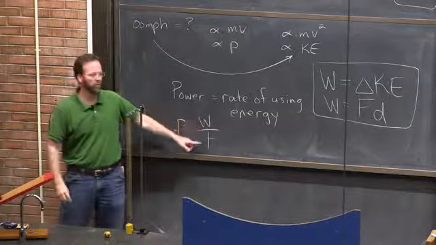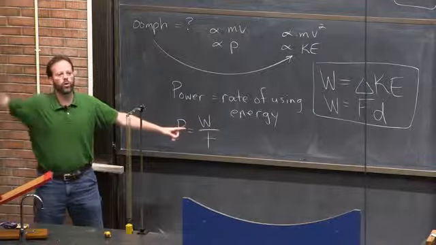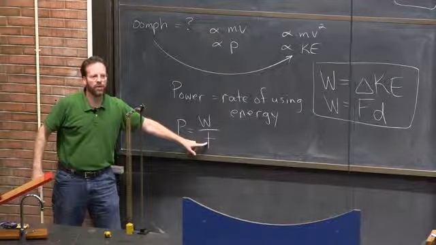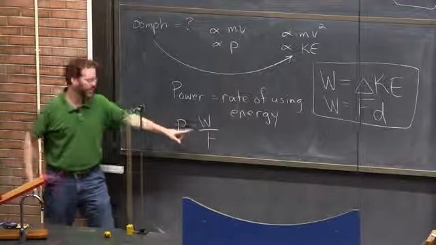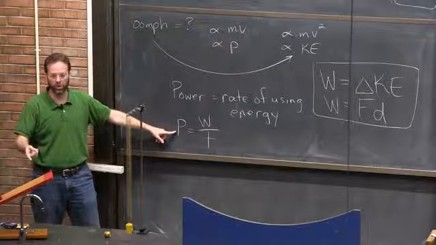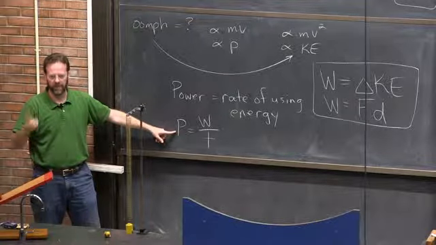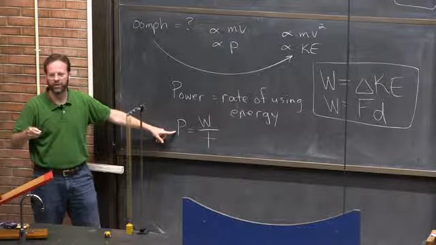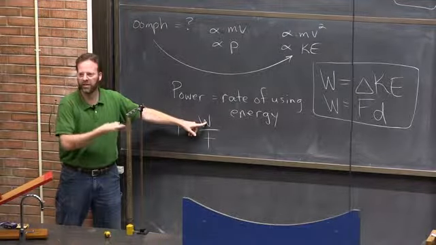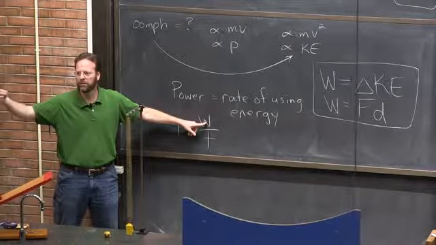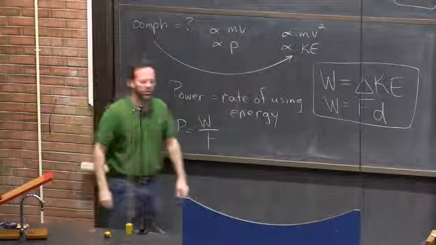So if I get up there quicker, there's less time. The denominator's smaller, right? Do you see how that means I exerted more power? I definitely exerted more power, but I used the same amount of work to get to the same height. Think about that, and we'll start there next time.